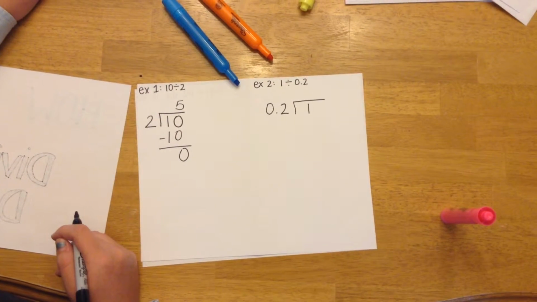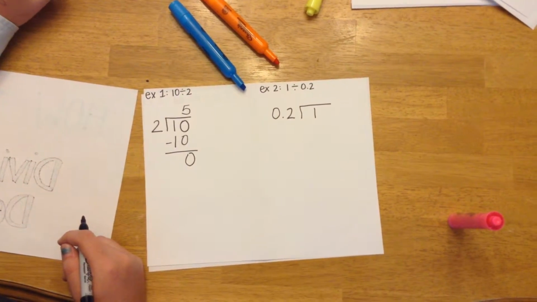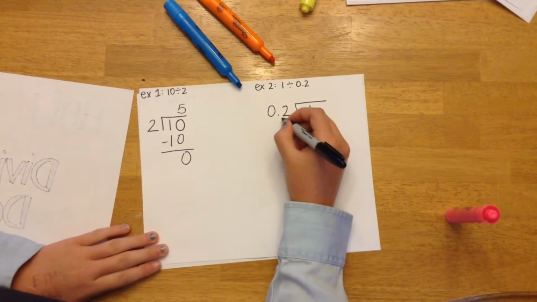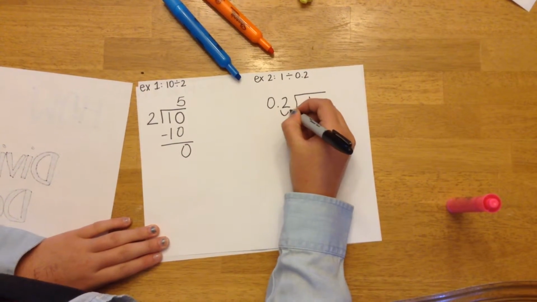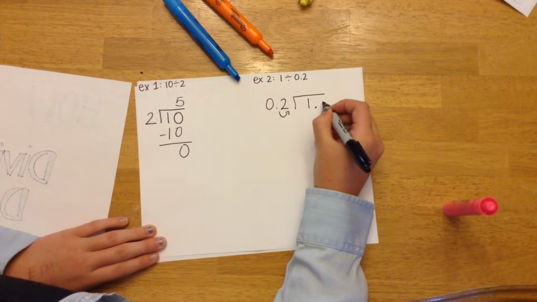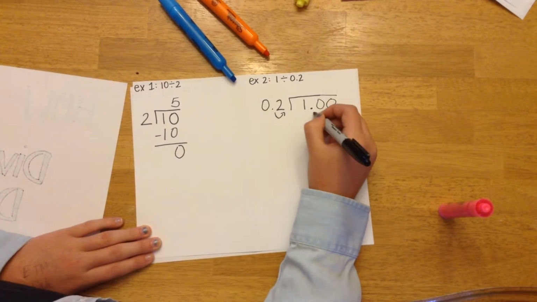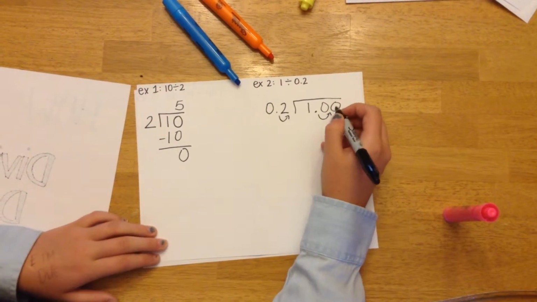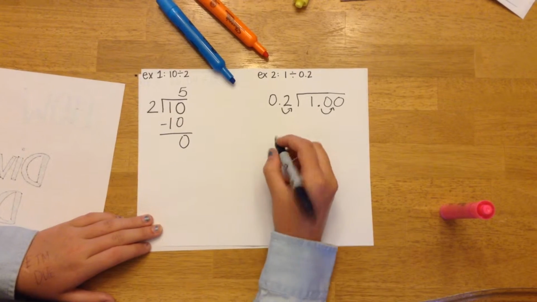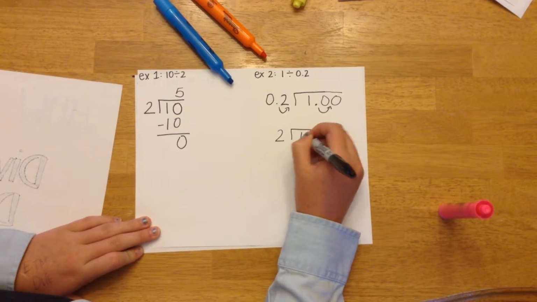So I'm going to make it a whole number by shifting the decimal over as many times as necessary to make it a whole number. In this case, I move it over once. But what I do to this side, I have to make sure that I also do it to this side. So I'm just going to move it over once, which gives me 2 as my dividend by 10.